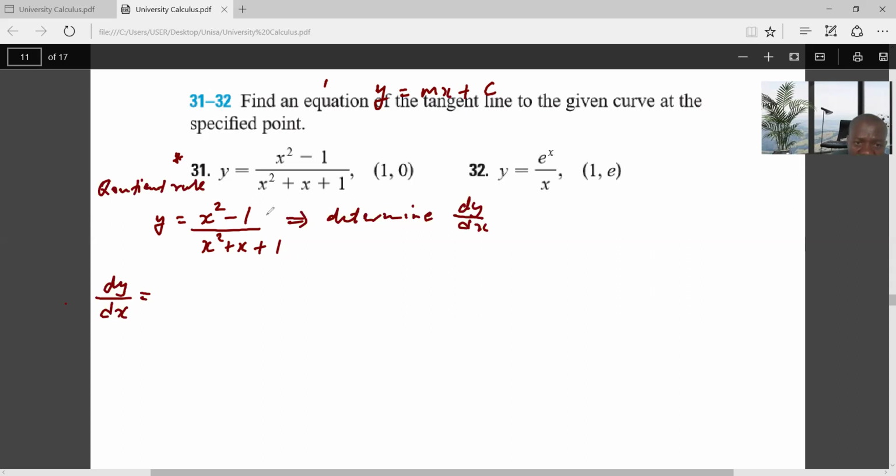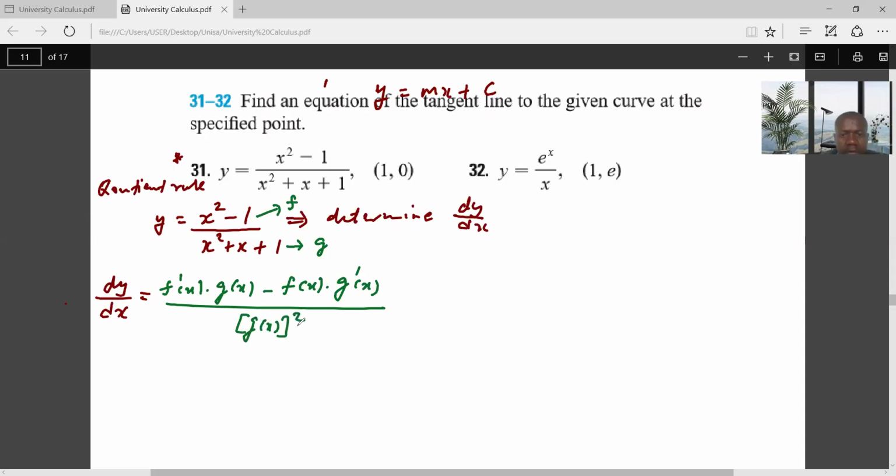Remember, I said you can just say this is your f and then this is your g. I'm not going to repeat that anymore, but it's fine. Let me just say it's f prime: you leave the g, you leave the f, differentiate the g, everything divided by g squared. Equals, what is the first derivative? 2x.